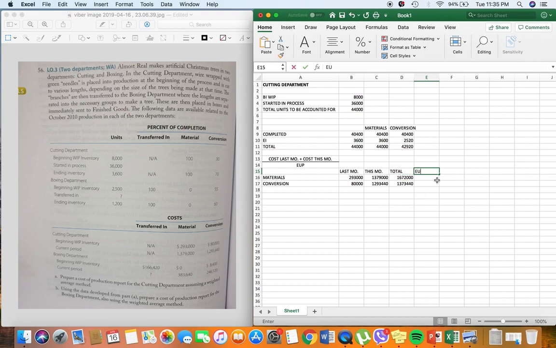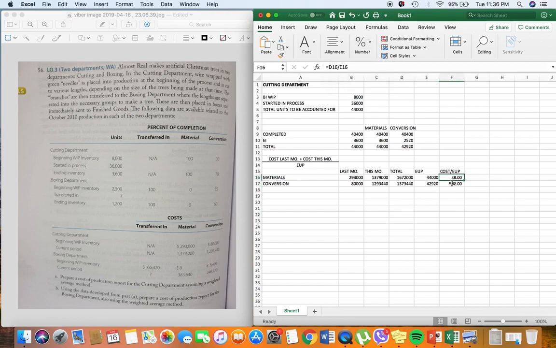Our EUP, let me get it here so you can see, for materials is 44,000, and for conversion is 42,920. So using the formula, our cost per EUP will be 38 for materials and 32 for conversion, respectively.